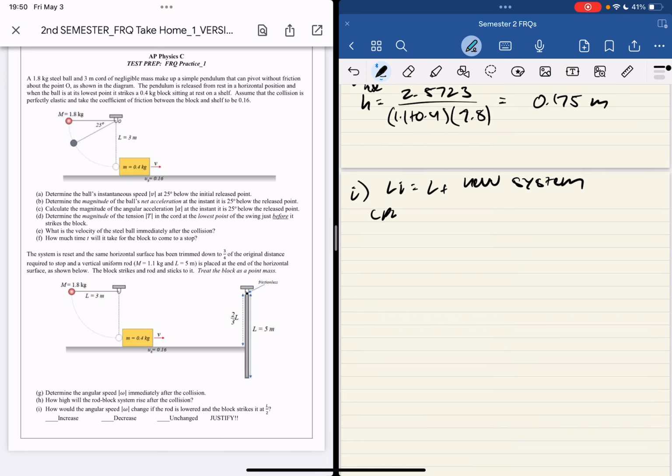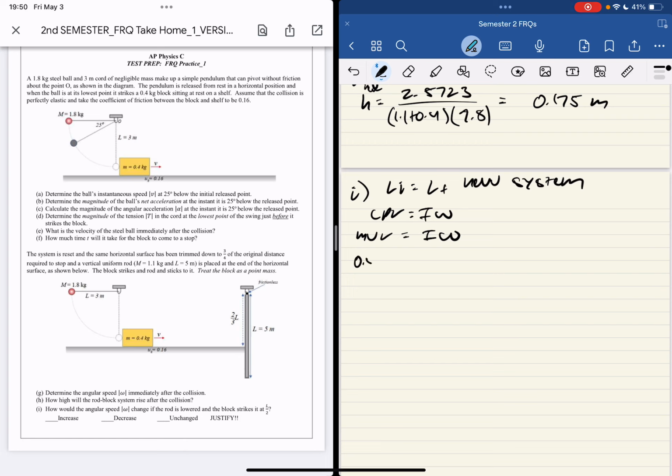So same thing, CPR is equal to I omega, m v r is equal to I omega, because C is just 1.